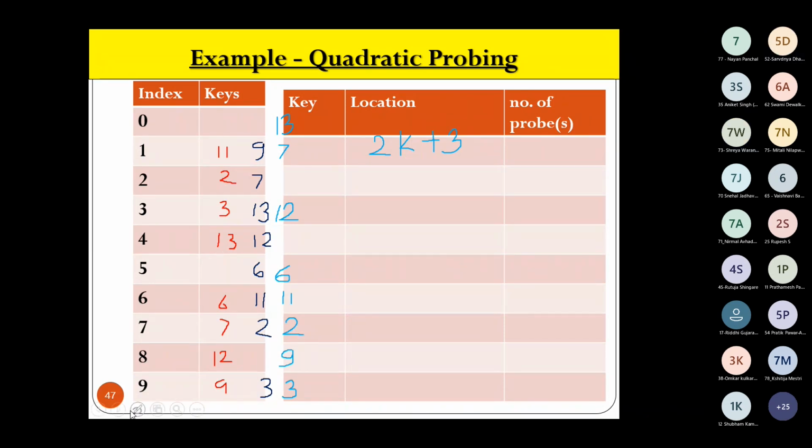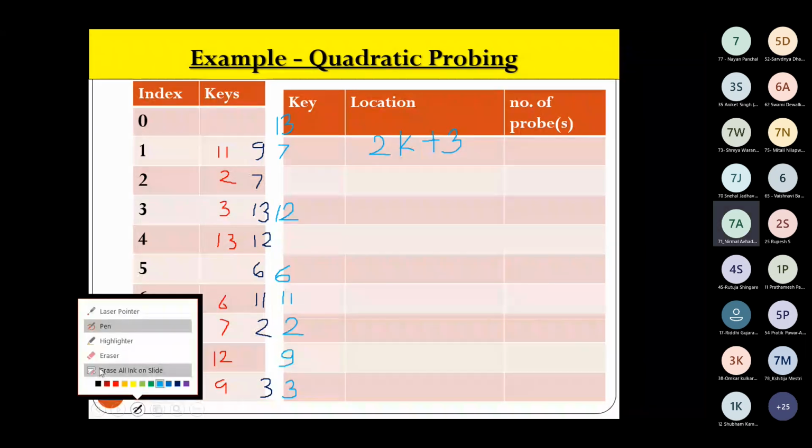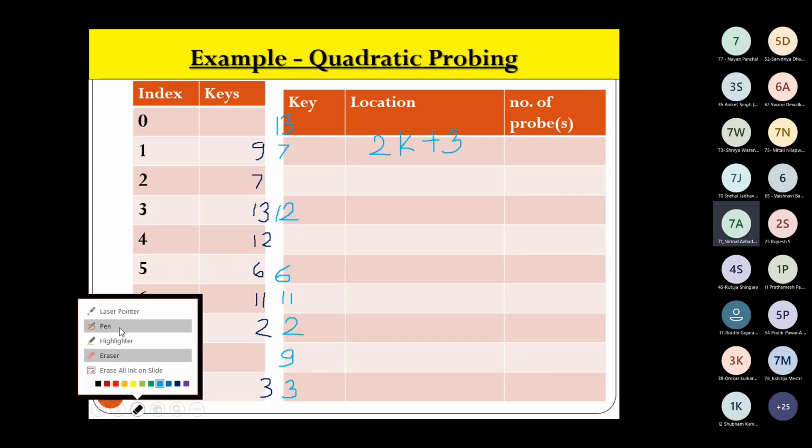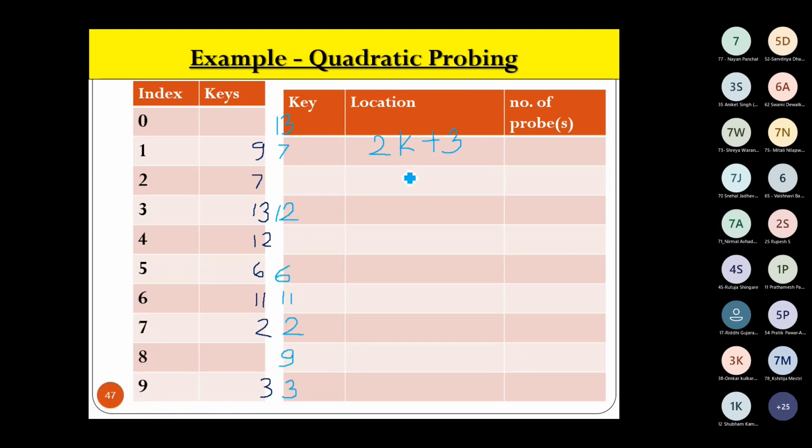Okay. Next student, Nirmal, explain yours. For 3, when we applied hash function 2k plus 3, that is 6 plus 3 is 9.